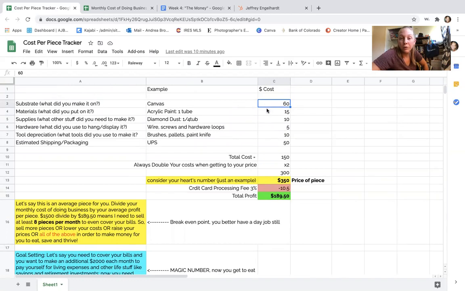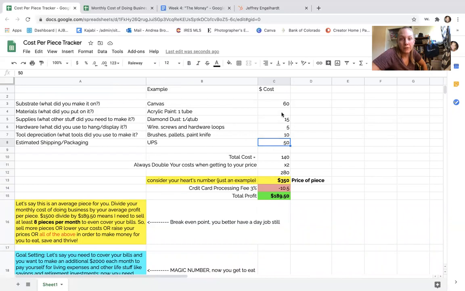Can you find a better price on paint without sacrificing quality? Maybe you don't have to use quite as much diamond dust. Maybe you can find cheaper hardware, and maybe you can find higher quality tools that won't depreciate as quickly. Huh. And maybe you can adjust your shipping methods. Okay. The lower the cost, the better off you will be.